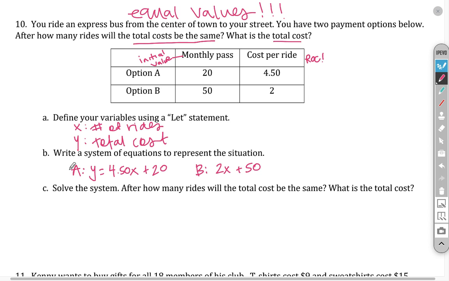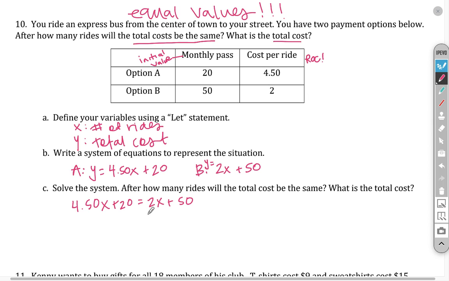All right, so now it says to solve the system. After how many rides will the total cost be the same, and what is the total cost? So for C, we're going to set these equal to each other. So 4.50x plus 20 equals 2x plus 50. All right, so we're going to start by combining our x's together.